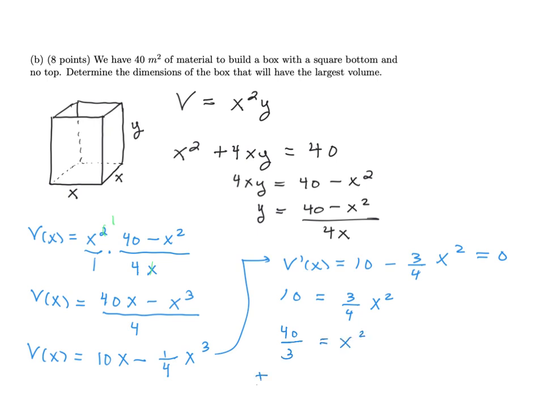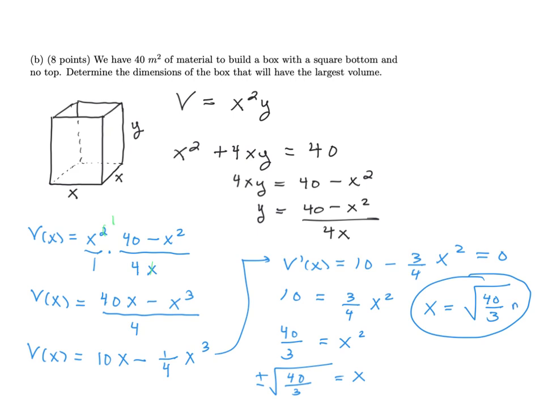Taking the square root of both sides, technically it will yield 2 answers, but x is supposed to be a positive value, so I'm going to say x is equal to the positive square root of 40/3. So here's my value of x, and this is in meters. Now, what is the corresponding value of y? I would take this value for x, and I would put it here to solve for my y value.